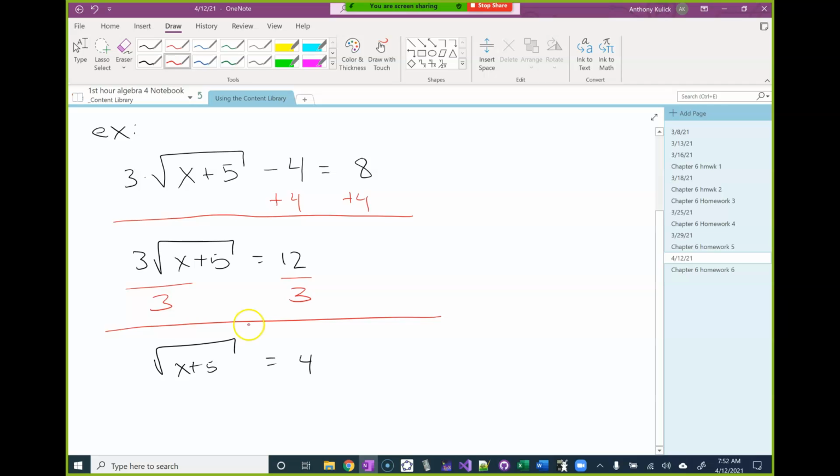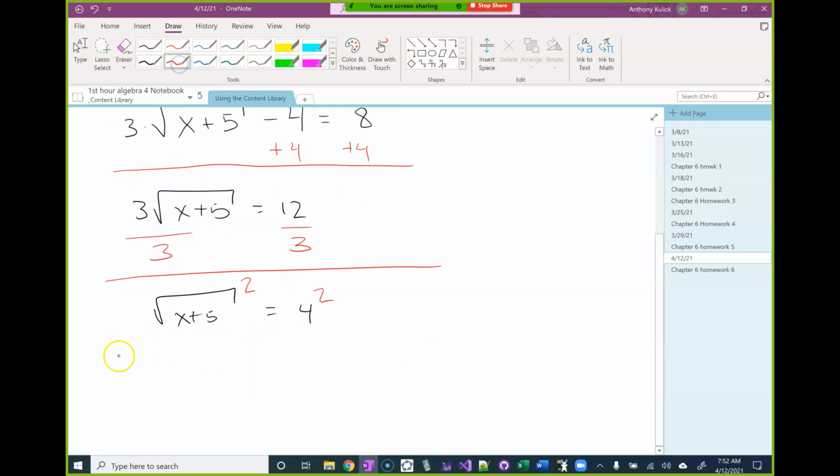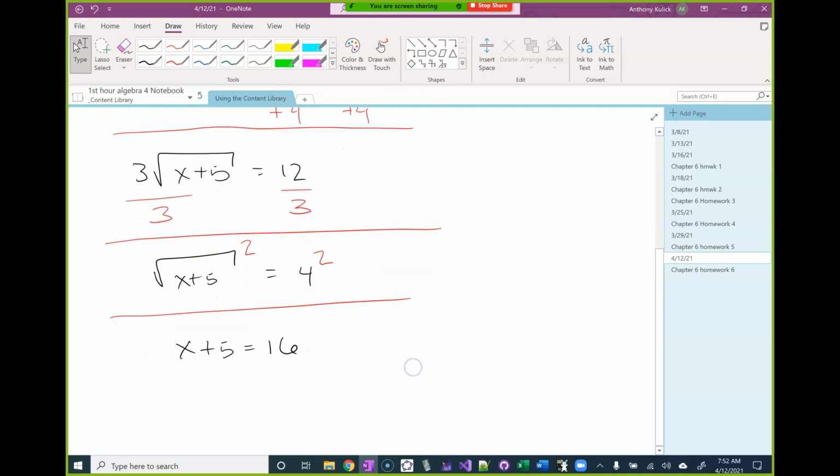And then I'm going to want to square both sides to cancel out the square root. And now that the square root is gone, I can get at the 5 that was underneath the square root. And that'll be my solution.